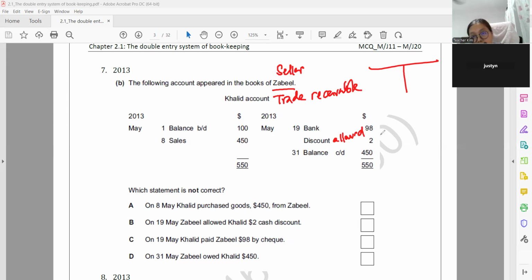Who gives? This one is Zabir gives cash discount to Khalid. So this is the information. This one, who pays? Khalid pays. Okay, so you choose which one is not correct.